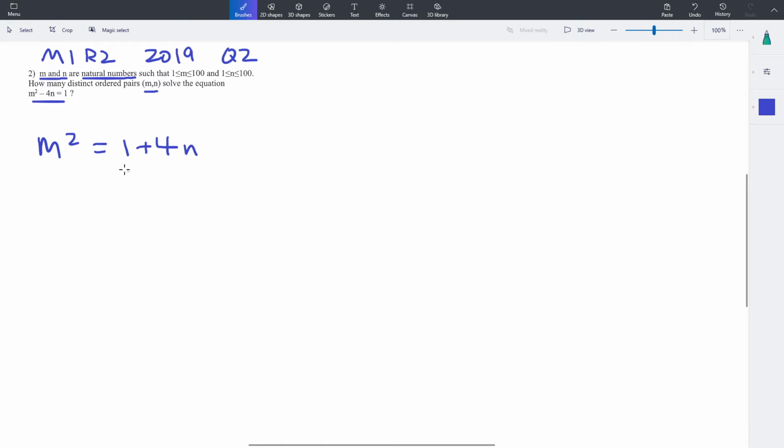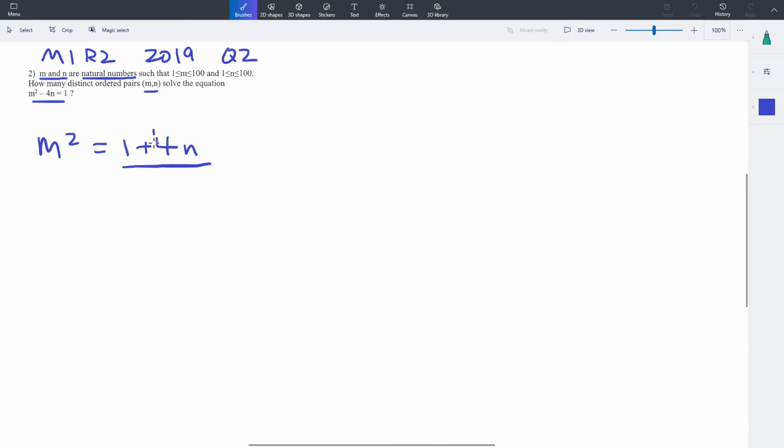Now, this is already a lot of key information. First of all, it's a square for m, so a square number, or a perfect square because it's a natural number. This perfect square, m squared, equals 1 plus 4n.